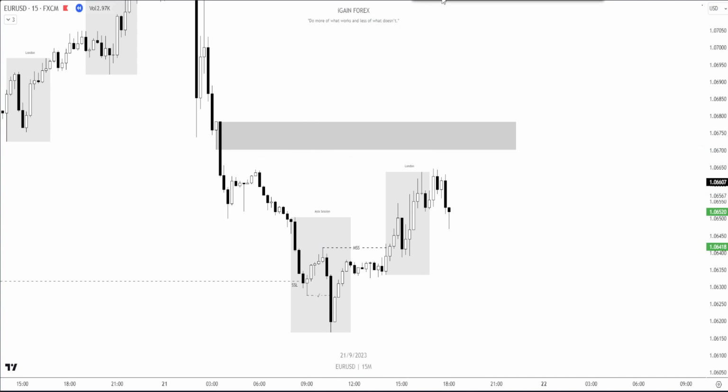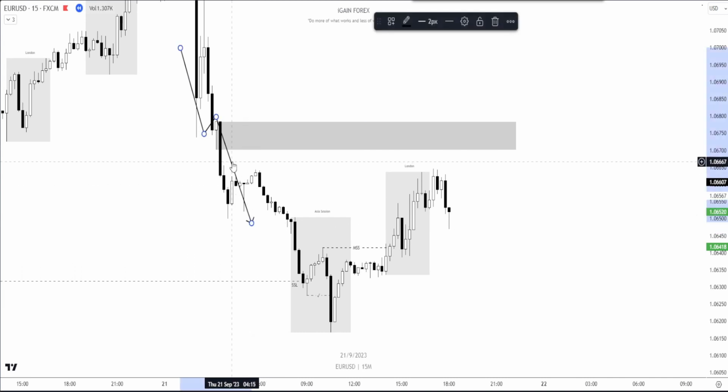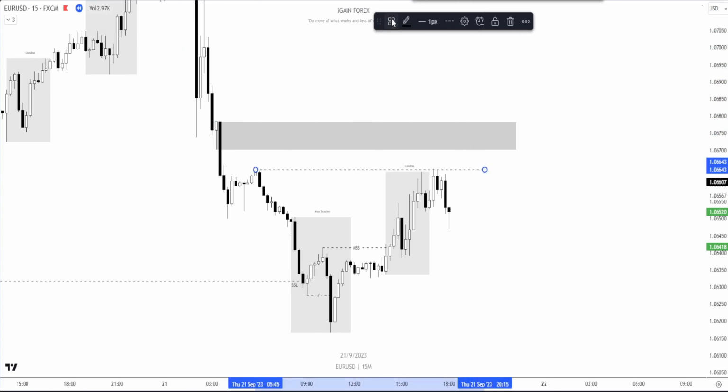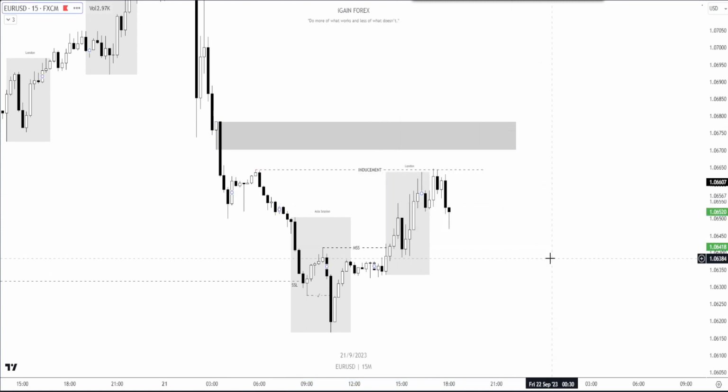I plotted here also this 15-minute supply zone. As we can see here, this is a base drop structure. And we can see here this inducement happen here. So this is an inducement.